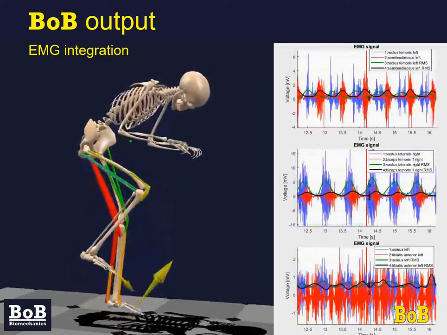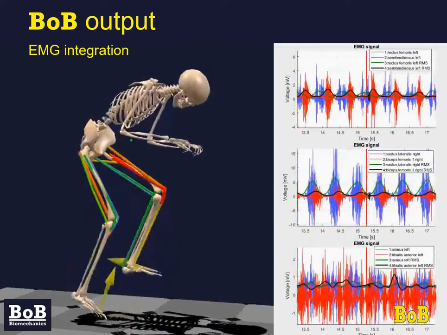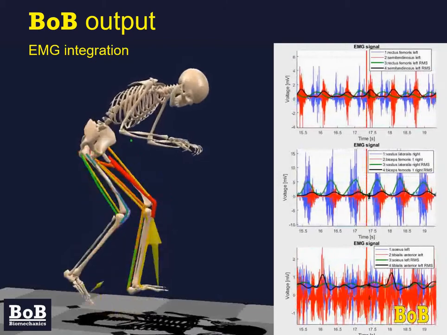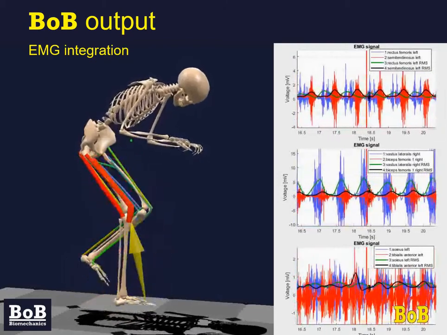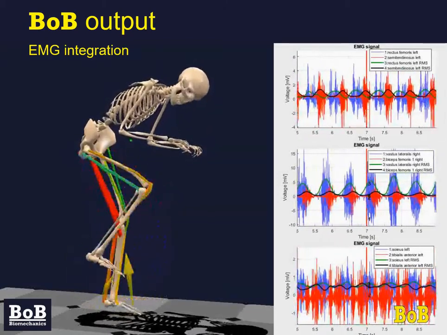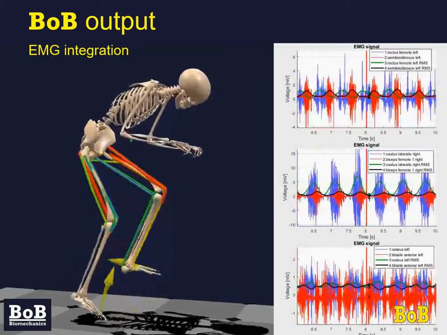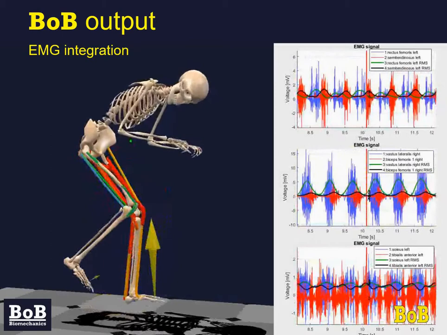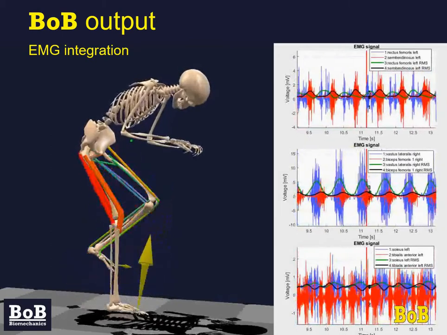The colour coding on the moving skeleton is now not the calculated muscle activation from inverse dynamics and optimization, but rather the colour coding is based on the root mean squared muscle activation that has been measured by the EMG sensors.